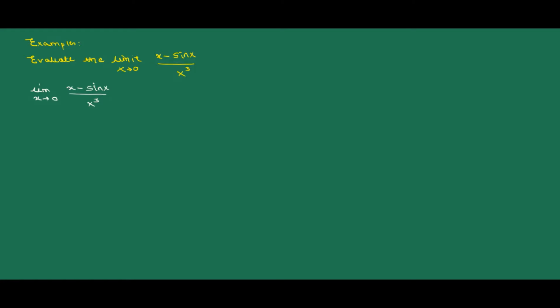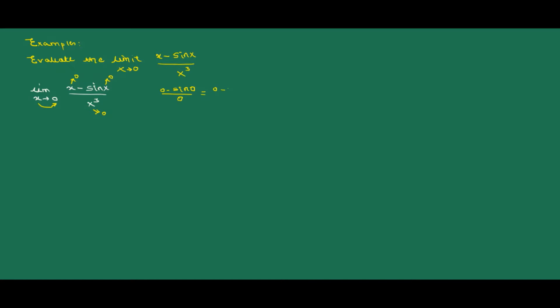Now first simplify the limit. Simplify the limit means we have to put x is equal to 0 in the numerator and also in the denominator. What will you get? 0 minus sin 0 divided by 0 cube. But what is sin 0?